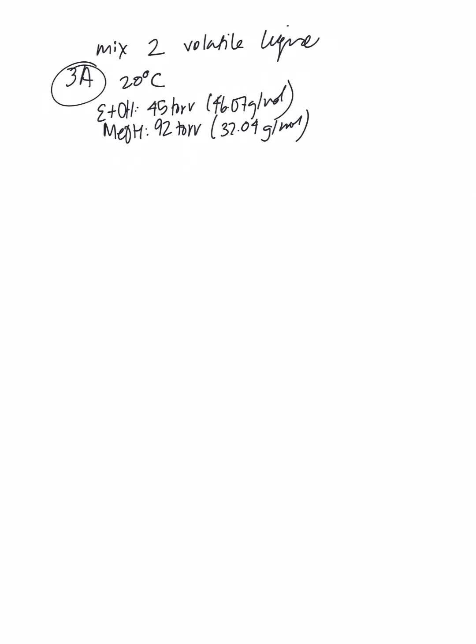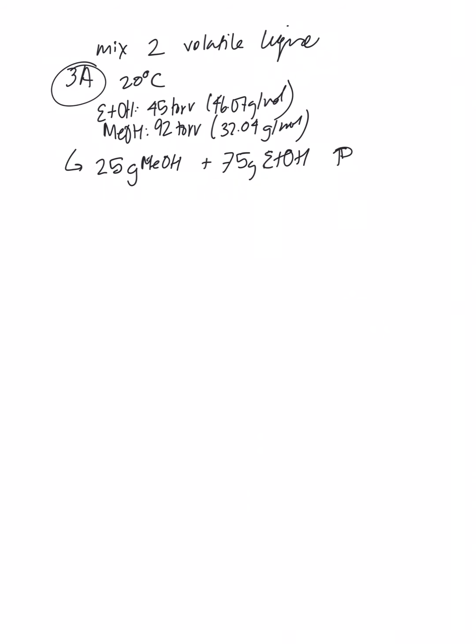Okay, so what this question is asking is what happens if we mix 25 grams of methanol and 75 grams of ethanol. Excuse me, it's the other way around from what I said at first.